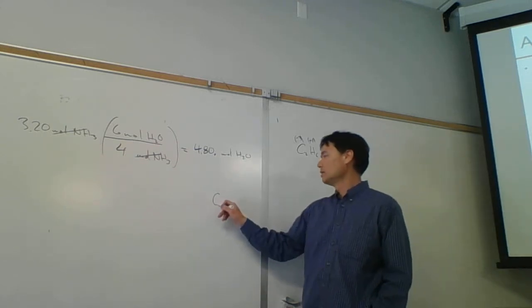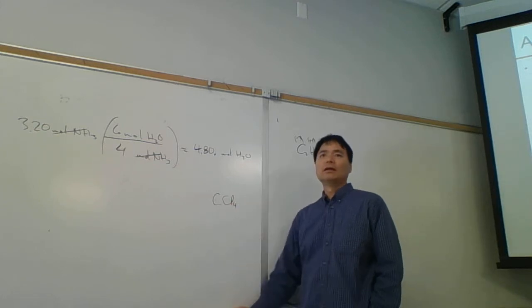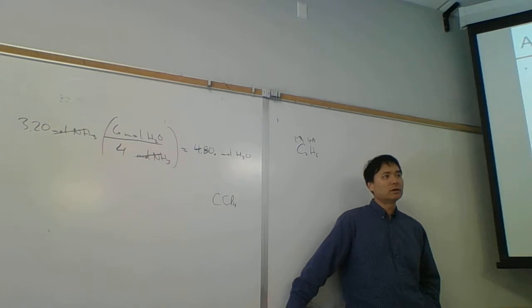How about this one? Carbon tetrachloride. If I run out of ethane, can I burn carbon tetrachloride, another organic chemical? Are all organic chemicals flammable? Carbon tetrachloride is an organic chemical. Is it very flammable? No is right.